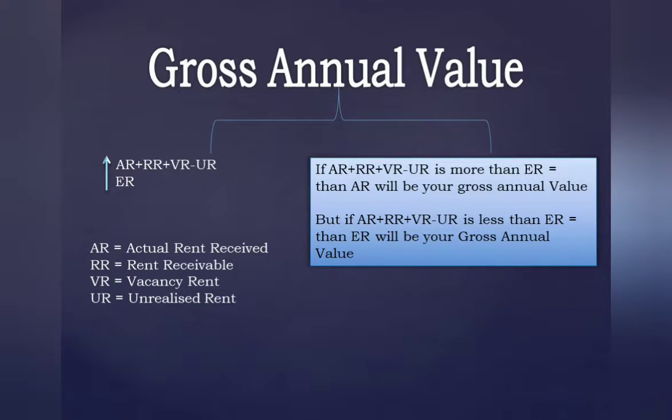Now if actual rent received plus vacant rent minus unrealized rent is more than expected rent, then actual rent will be your GAV. But if this is less than expected rent, then ER will be your GAV. Vacant rent is not a part of GAV while calculating the value of AR.